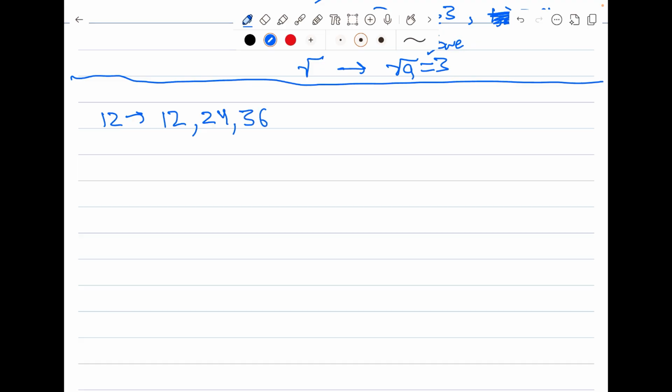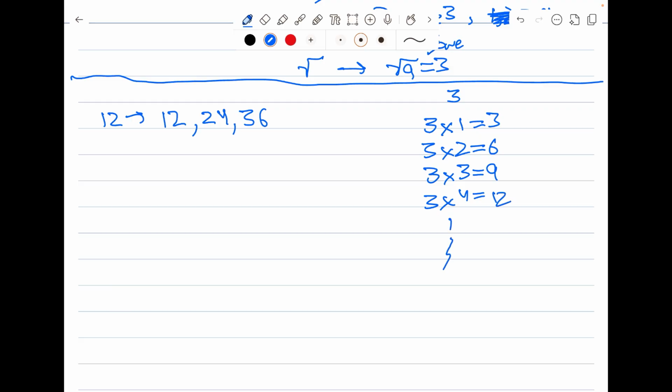So you can think about multiples in terms of multiplication tables, right? So, for example, the multiplication table for 3 is 3 times 1, 3, 3 times 2, 6, 3 times 3, 9, 3 times 4, 12, right? And it keeps on going.